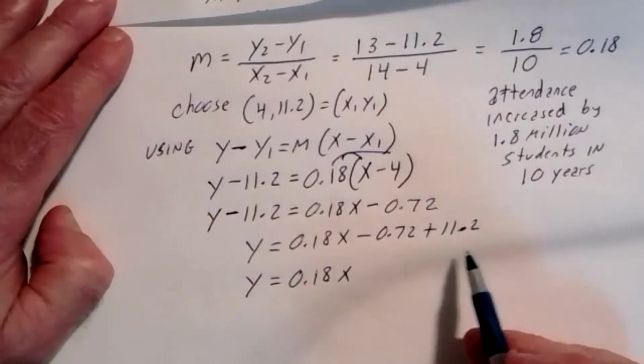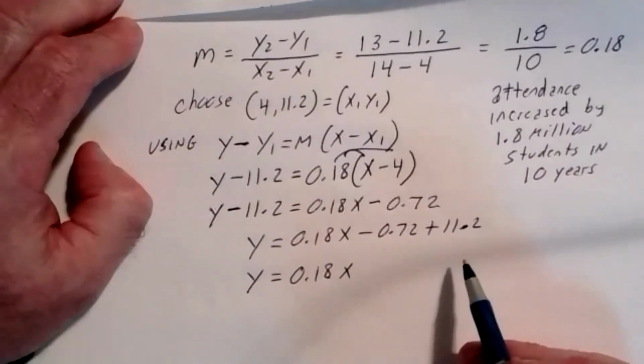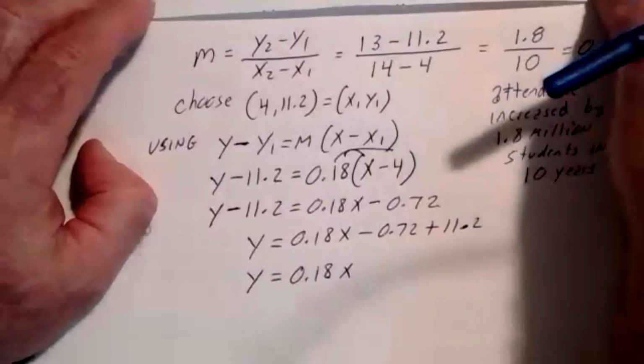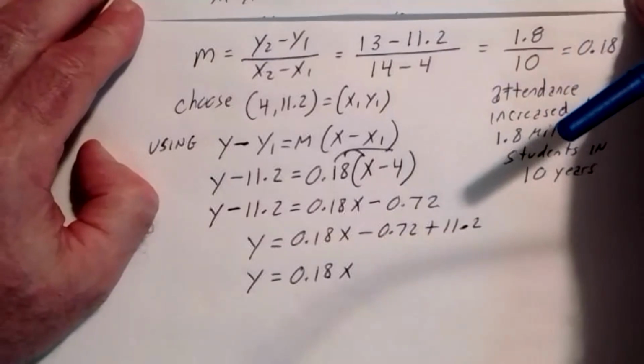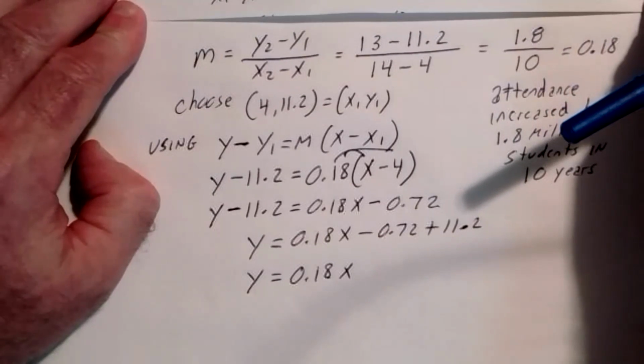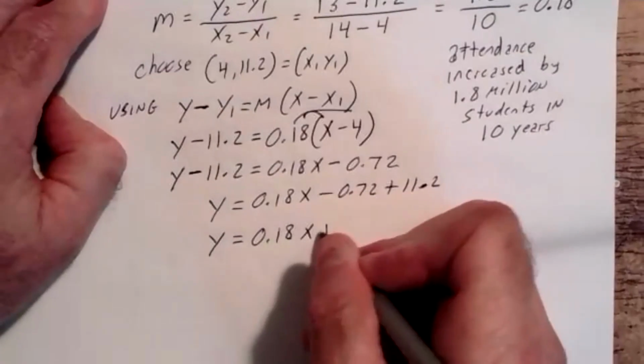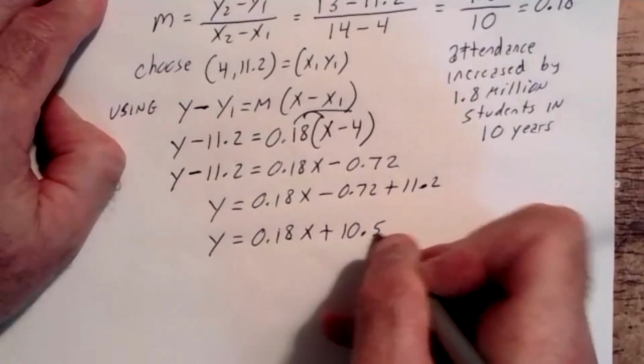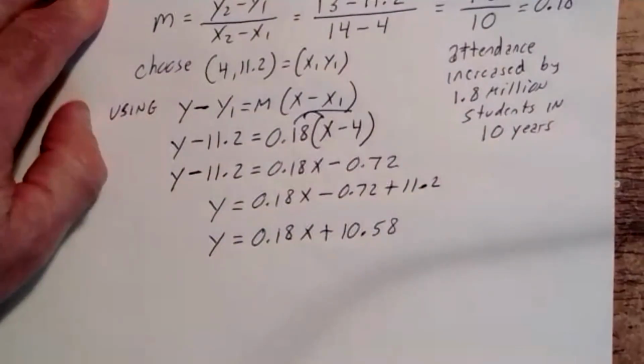What's 11.2 minus 0.72? Anybody? 10.48. Okay. Plus 10.48. And there you go, ladies and gentlemen.